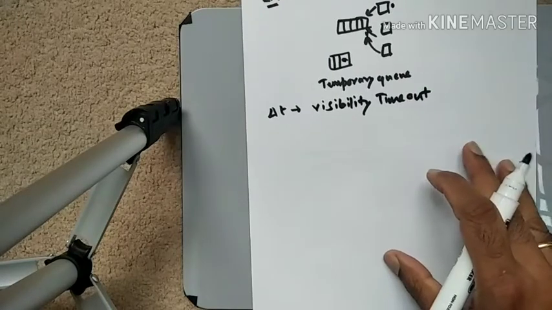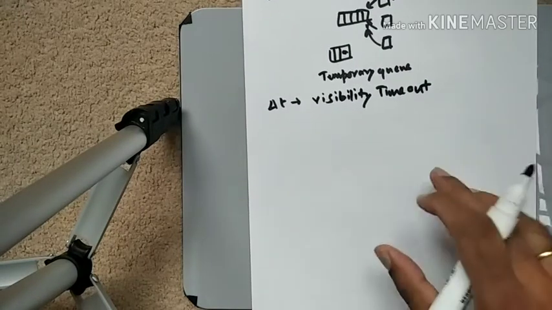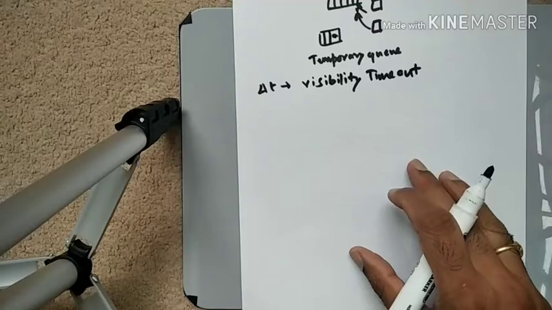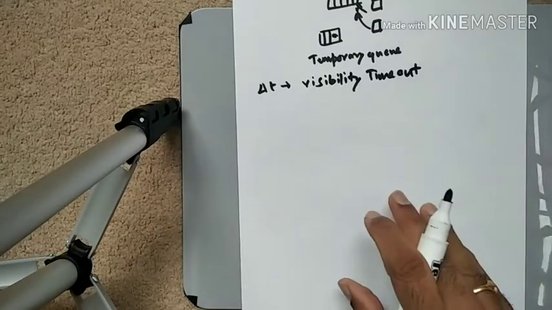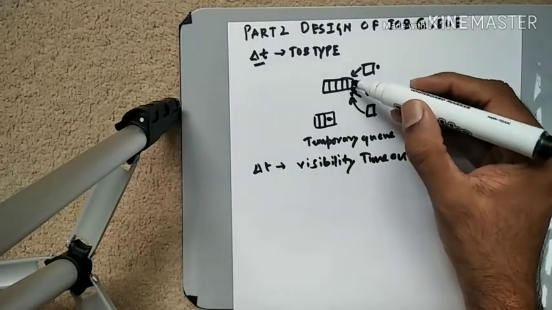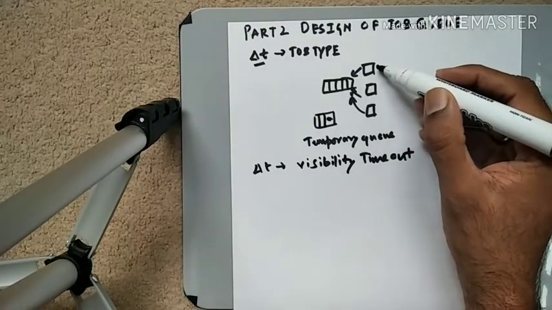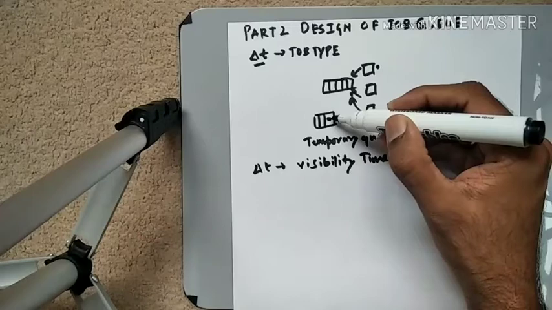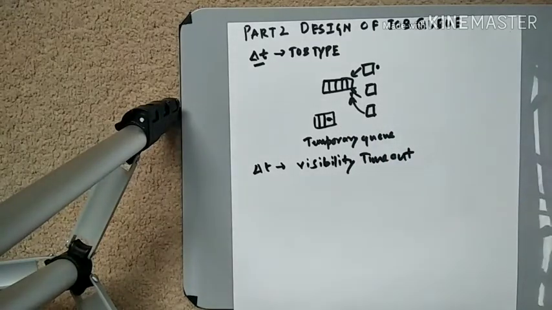Now let's consider the steps that are essential for recovering a job. When a worker pops the job from the queue, a copy of it is placed in the temporary queue until one of two things happens.